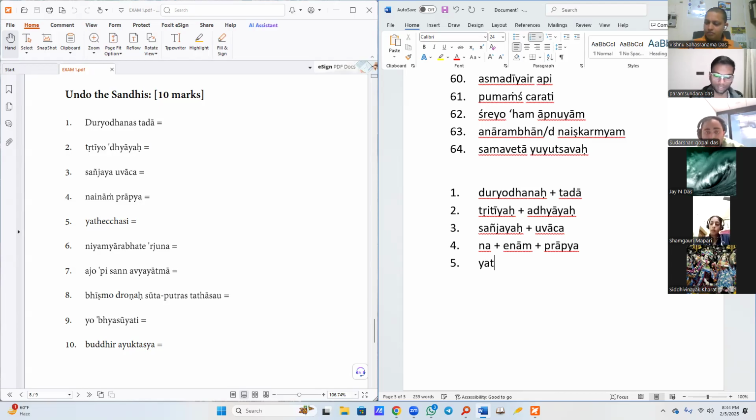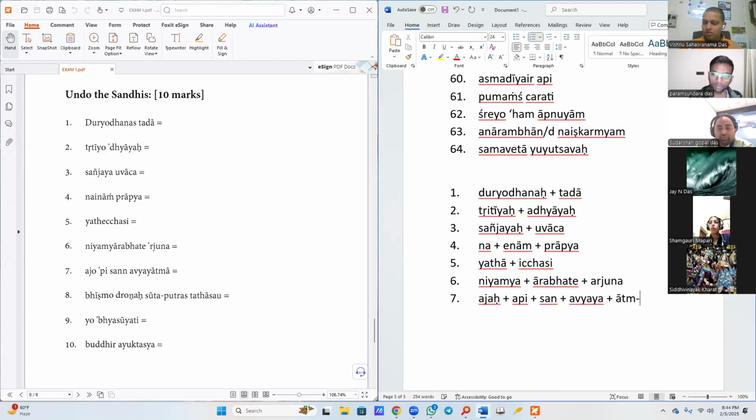Fifth, Yatha Ichhasi. Sixth, Nyamya Arabhate Arjuna. So Nyamya Arabha Arabhate Arjuna. Ajopi san Navyatma. So Ajaha Api San Avyaya Atma.